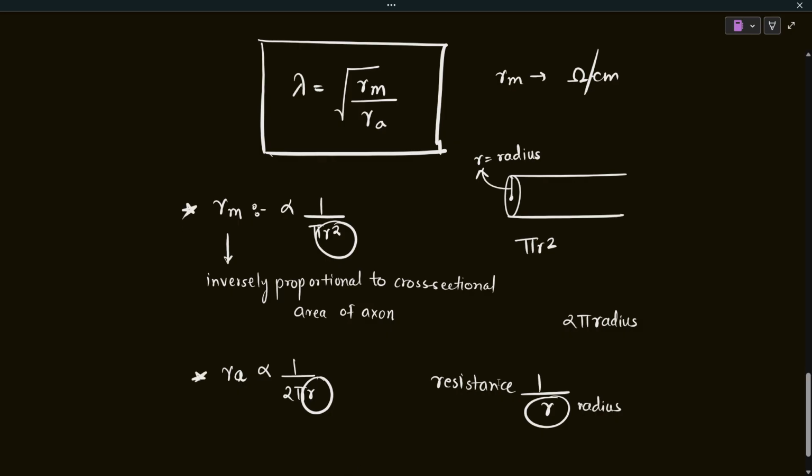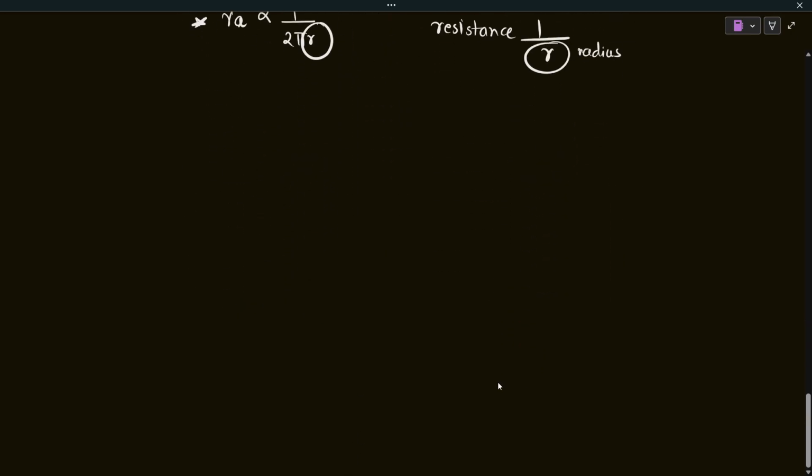This is very basic physics that we already know. I'm just revisiting all of these concepts so that you can integrate those physical properties with the electrical properties of neurons.